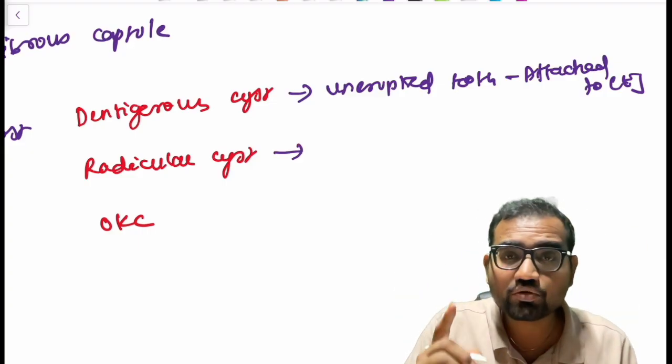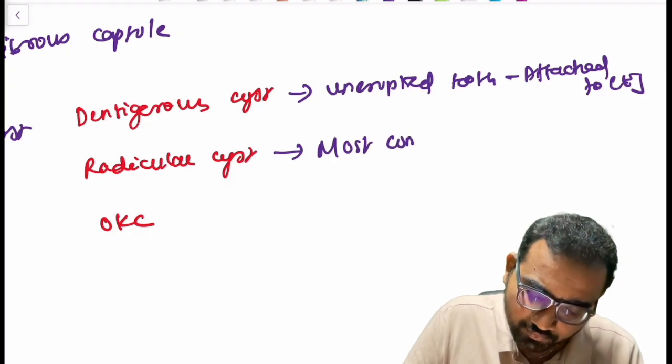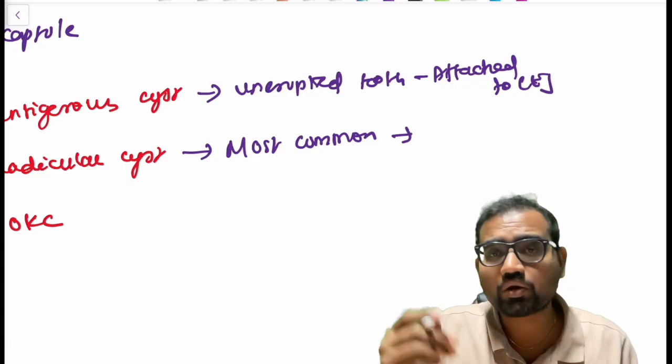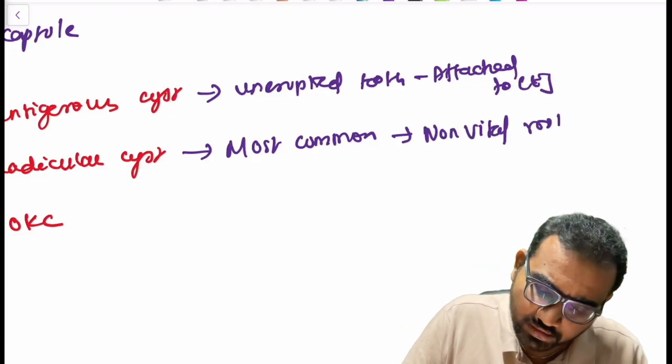Radicular cyst is the most common odontogenic cyst. It is associated with the root apex of a non-vital tooth.